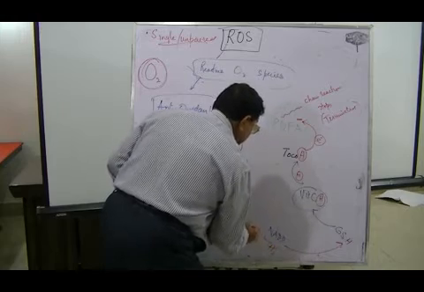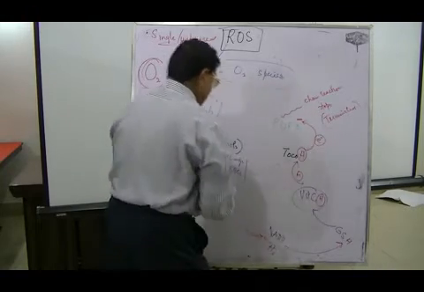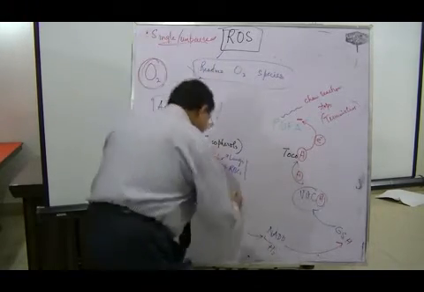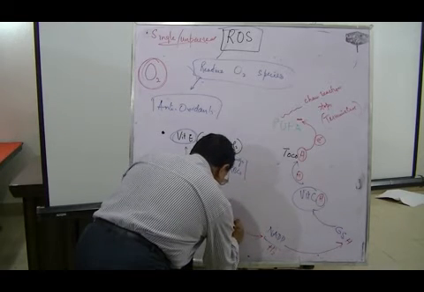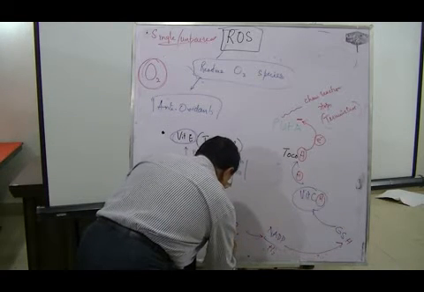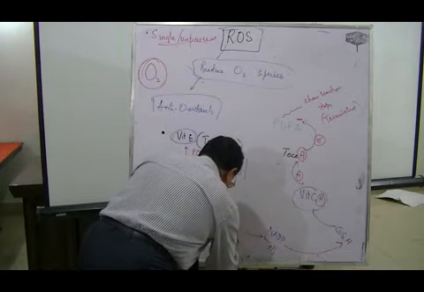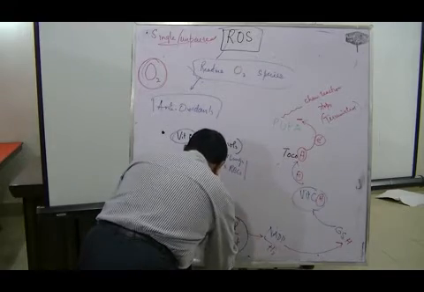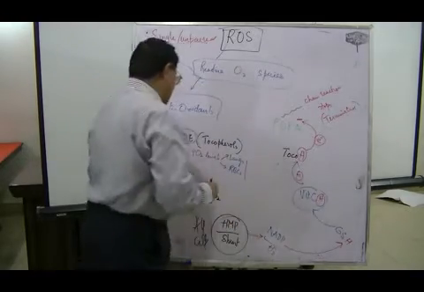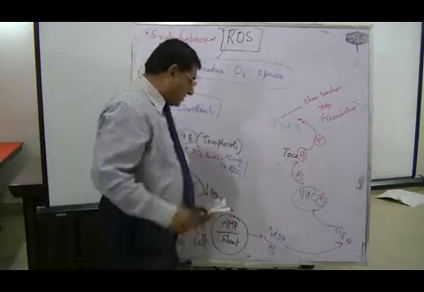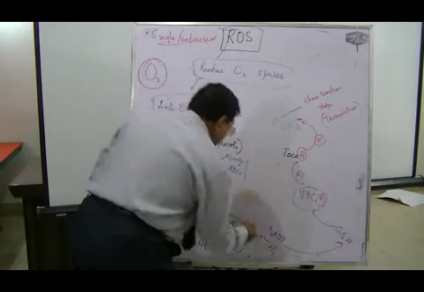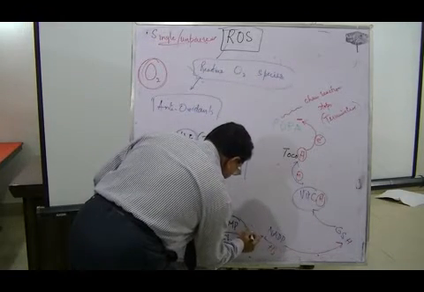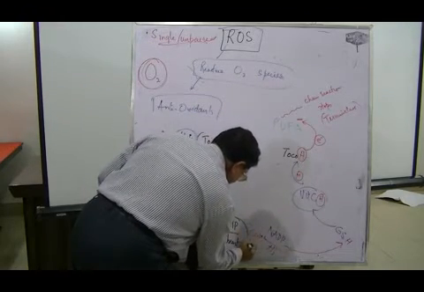And this one gets it from the HMP shunt, hexose monophosphate shunt, which is present in all cells. So all the cells have an HMP shunt, and the important enzyme is G6PD, glucose 6 phosphate dehydrogenase.